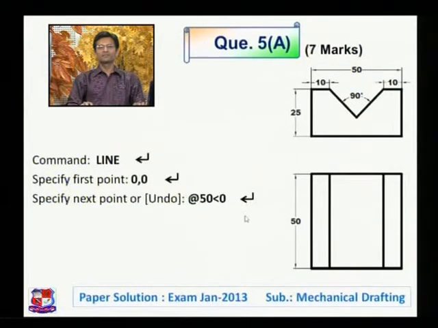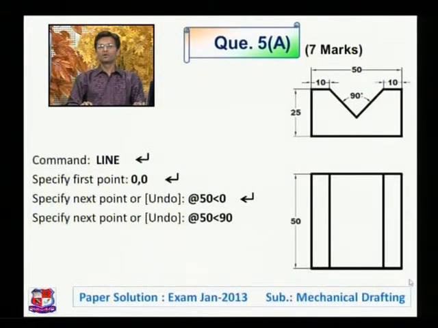If we enter this, it will ask the second prompt: specify next point. So till now we have drawn from here to here. Now from here to here, to draw this vertical line, the length of this line is 50 mm, which is at an angle of 90 degree with reference to the first line.